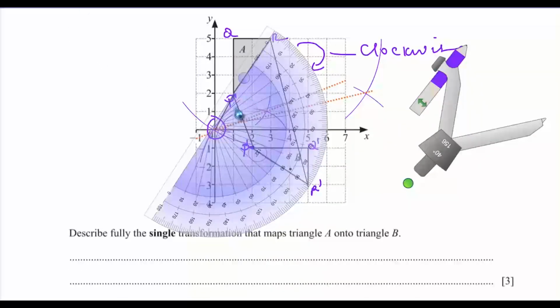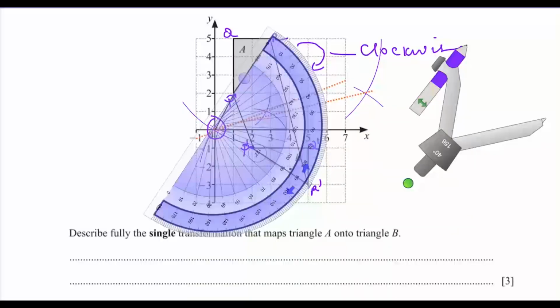I have drawn a line from point P to the center of rotation, and I place the protractor on that line with the center of the protractor on the center of rotation. So if you look at point P prime here, it is here, so it is 90 degrees. So if you check very well, it passes through 90 degrees. That is this point here. Okay, so this is 90 degrees.